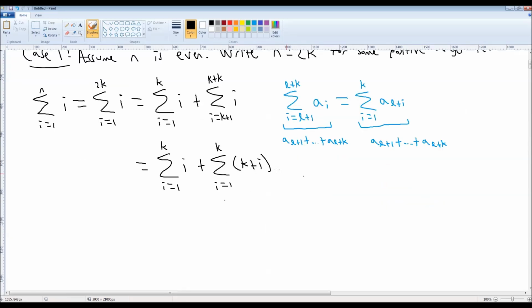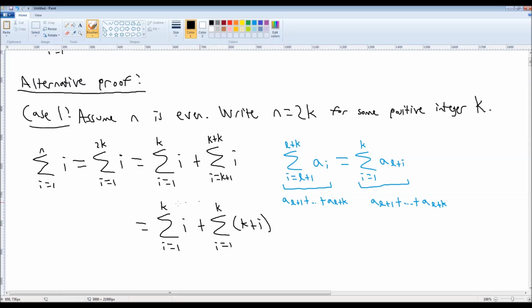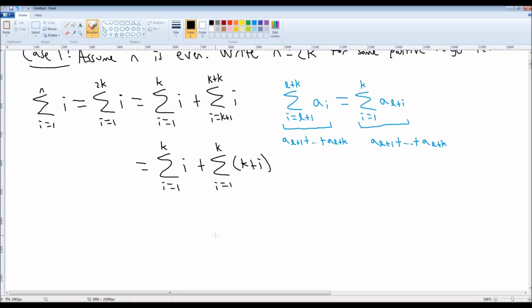Now, where this is going is we're going to want to add these sequences together. However, we want to do it in a smart way so that the i cancels out. That's my plan. And so what we can do here is rewrite this sum on the left.